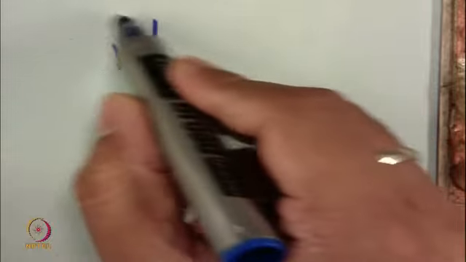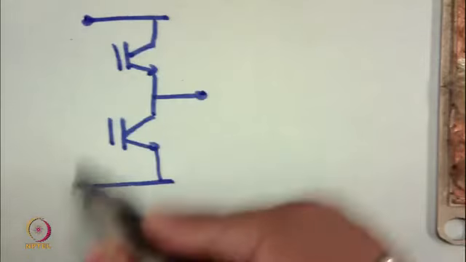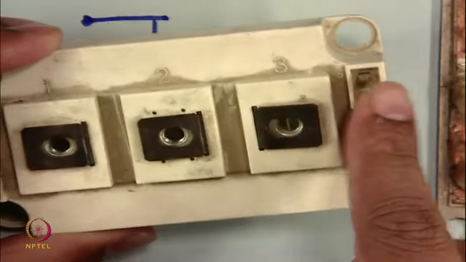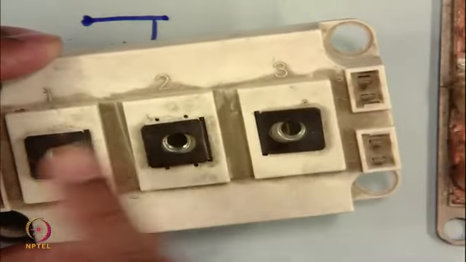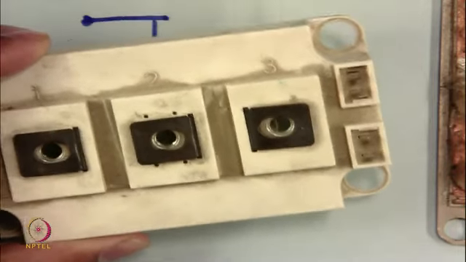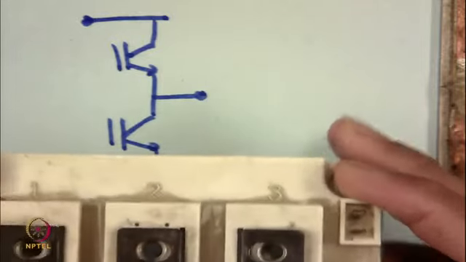These are the 3 terminals of the half bridge, and these 3 terminals are the ones here. These are the power terminals, because, as it is written here, 200 amperes can flow.